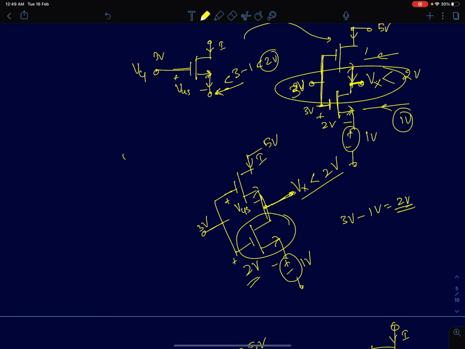But we know the drain voltage here, which is the source voltage of the first MOSFET, which is the drain voltage of the second MOSFET. We said it can only be less than 2 volts. But the condition for the second device to be in saturation is the drain voltage has to be greater than 2 volts. So therefore, the second device will be in linear region.